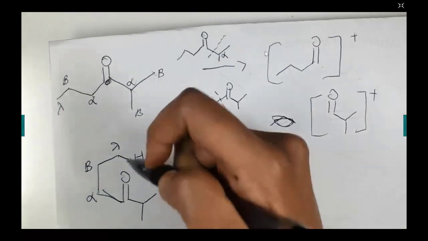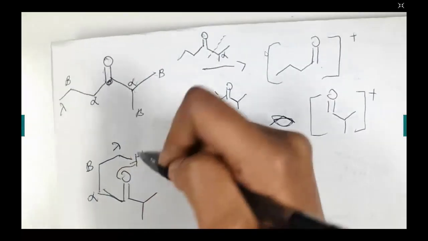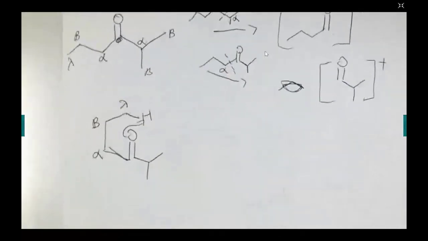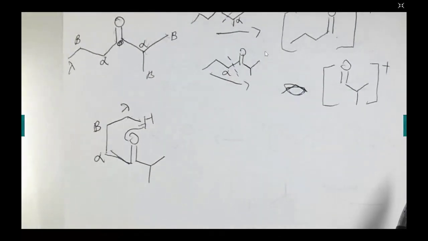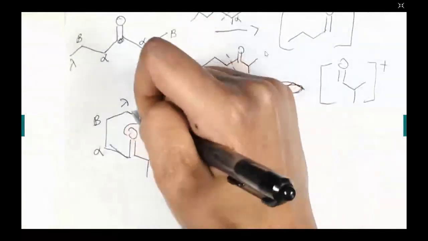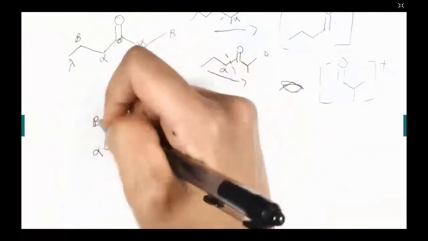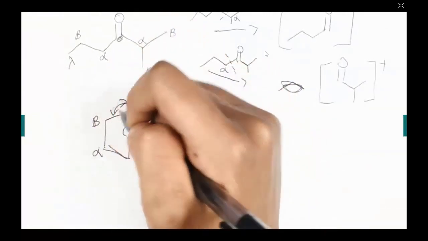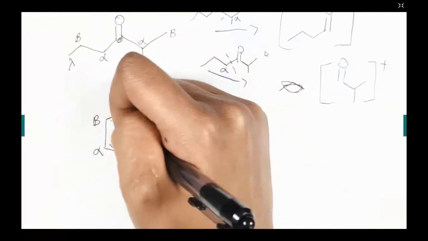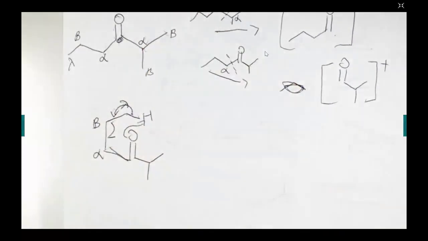We're going to see our oxygen take the hydrogen, similar to what we saw with the dehydration reaction, causing our hydrogen, once again, to give back its electrons, right? Which are then placed between this alpha and beta.